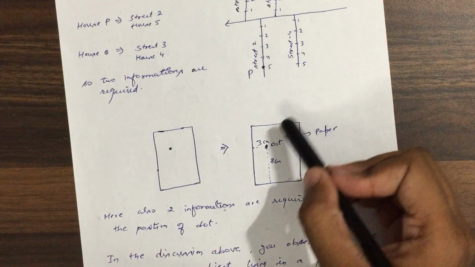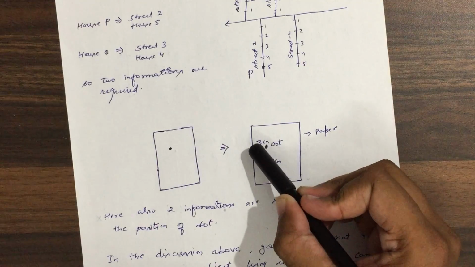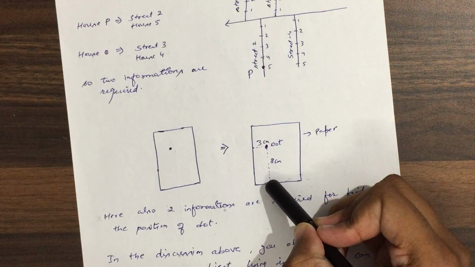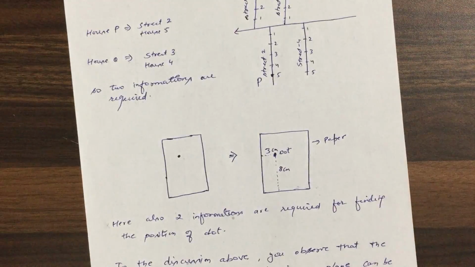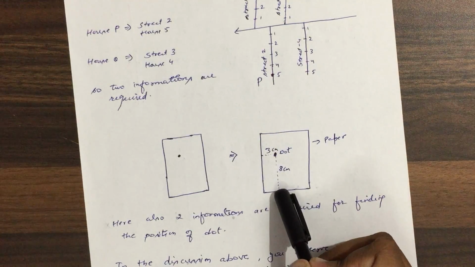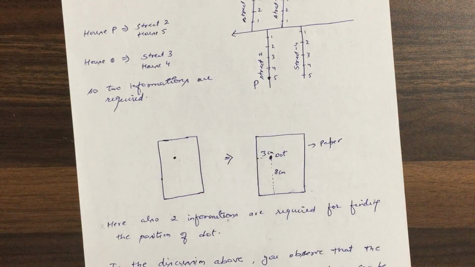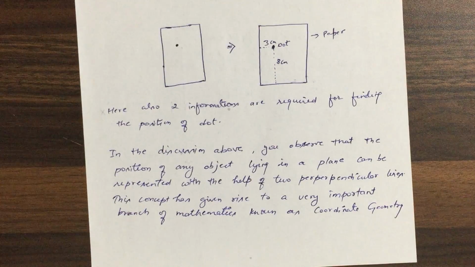I will give you the distances. Now you can tell that it is 3 centimeters from the left side and it is 8 centimeters above the bottom side. Now this is the proper position of the point. So this gives you the exact location of the point. So here basically two pieces of information were required for finding the position of the dot.